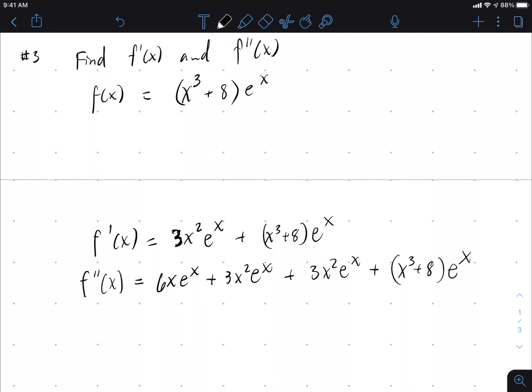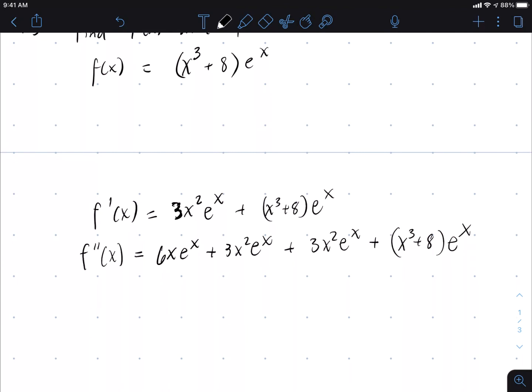Let me see. I'm trying to make sure I have it right. 6x e to the x, 3x squared e to the x, 3x squared e to the x. Yeah, that looks right. So then this middle term is going to be added up.